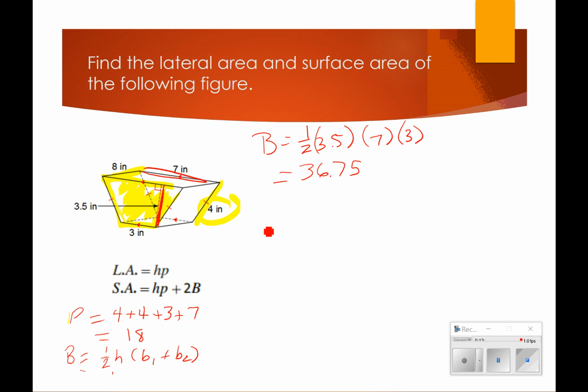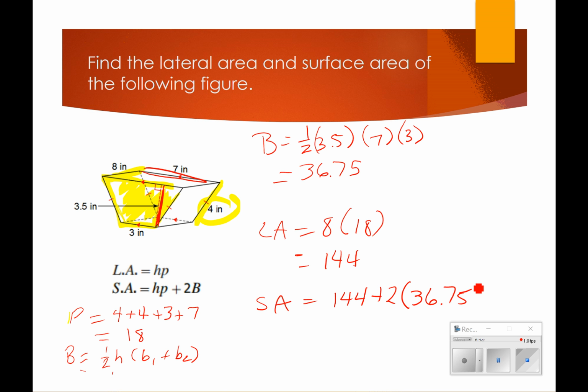So now I can do my lateral area. The height we said was the 8 inches. The perimeter we said was 18. So 8 times 18 is going to be 144. So my lateral area is 144. To find my surface area, I'm going to take my lateral area and add 2 times the area of the base, which we said was 36.75.